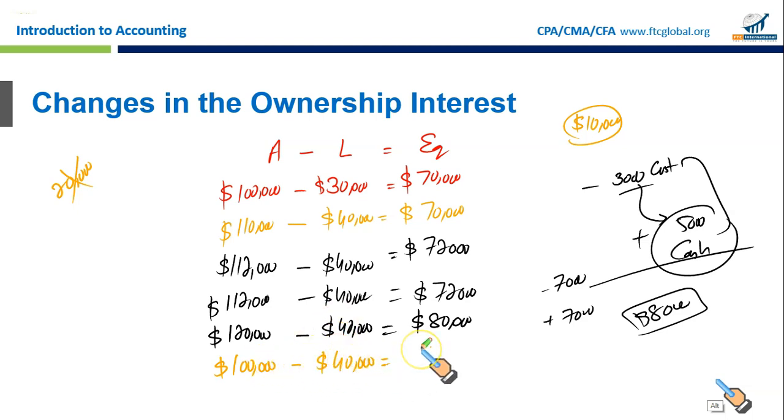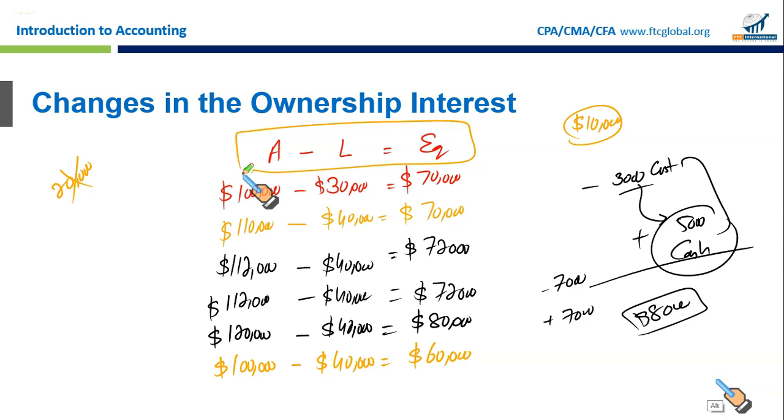Since this loss goes directly to the owner's equity, the owner's equity also decreases by $20,000 to $60,000. So whatever happens, any accounting transaction of any nature, your accounting equation would always be in equilibrium. The right hand side and left hand side would always be the same.